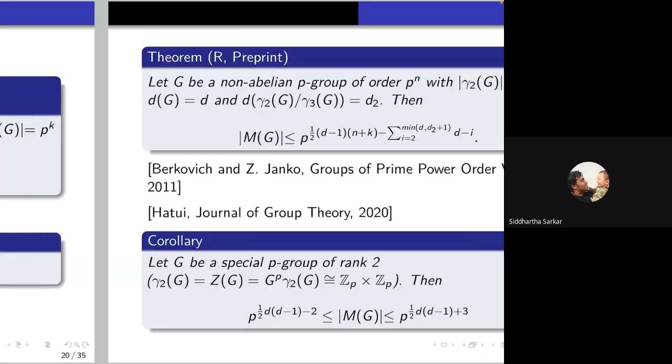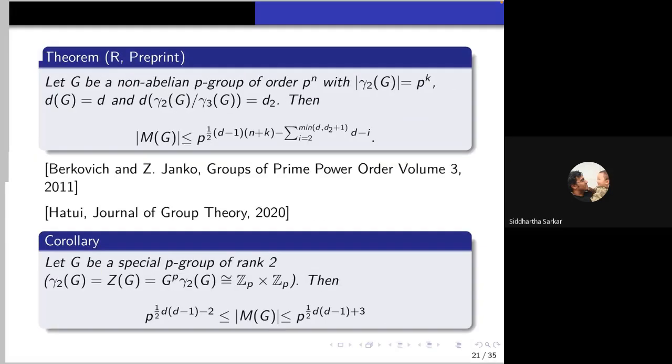Now, going further, we take into account the minimal number of generators of gamma_2(G) by gamma_3(G). Why are we interested in that? We will let you know a little bit. Let G be a non-abelian p-group of order p to the power n with |gamma_2(G)| equals p to the power k and d(G) equals d, and d(gamma_2(G)/gamma_3(G)) equals d2.